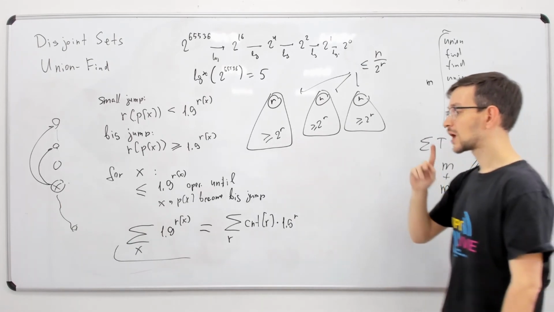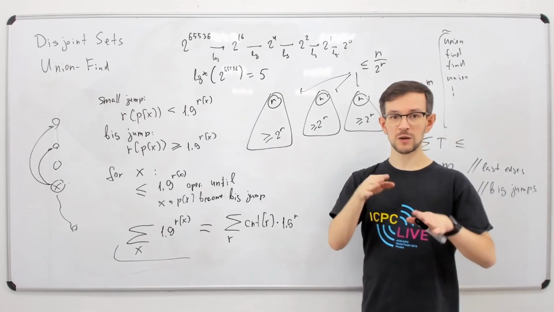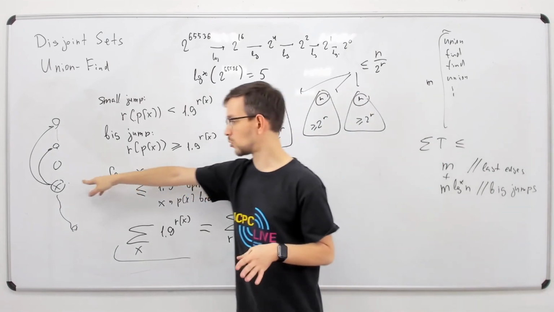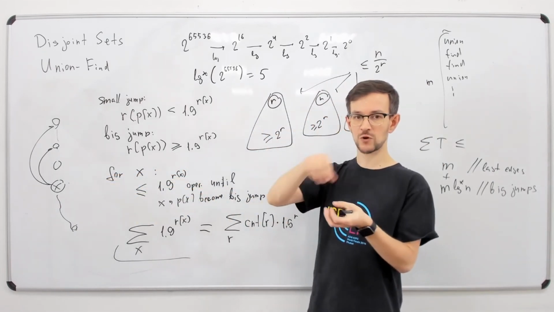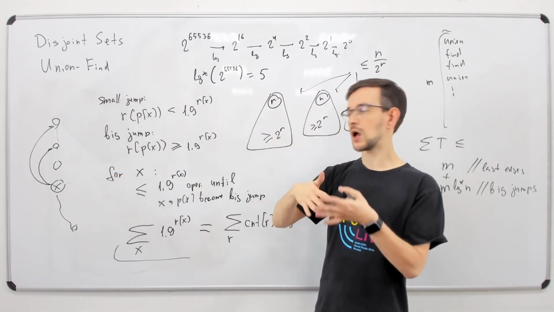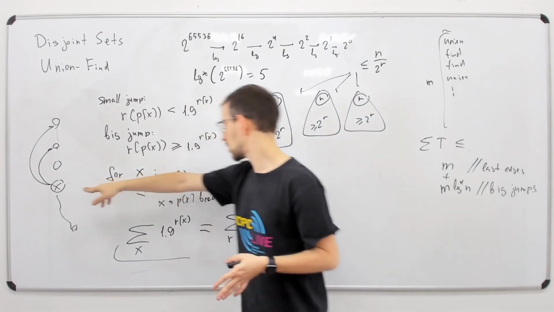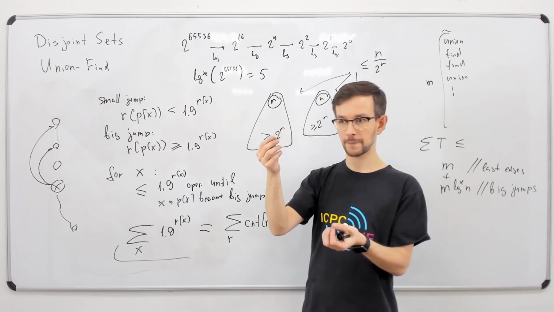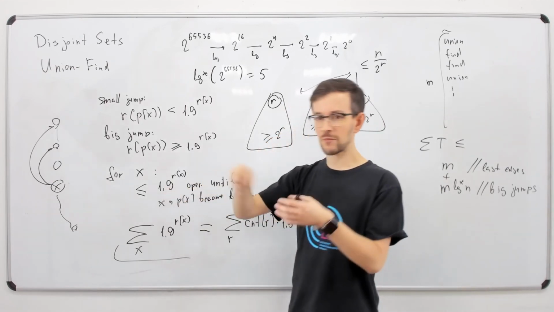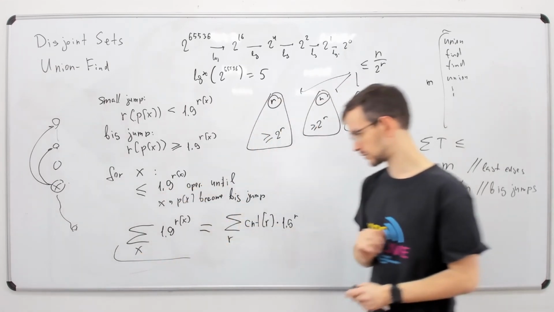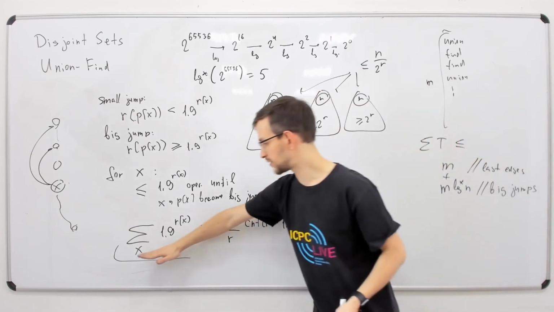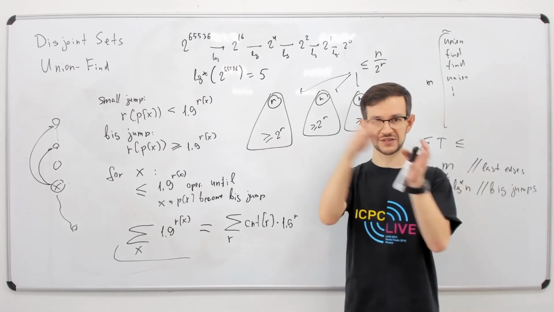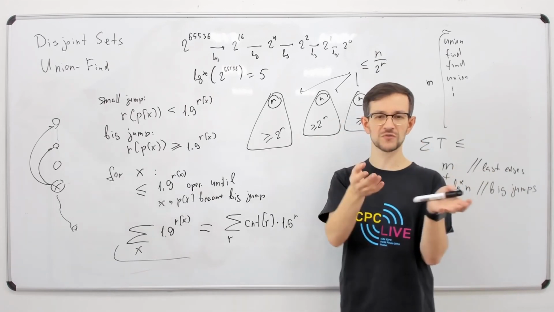What we have here? I want to calculate the total number of small jumps. Let's look at some node x. We make some small jumps from this vertex x. From vertex x, we will have up to this number of jumps until this jump becomes a big jump. So the total number of small jumps will be something like that. Now we calculate this sum by regrouping all the summands into groups of nodes of the same rank.